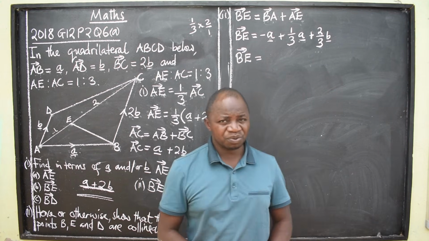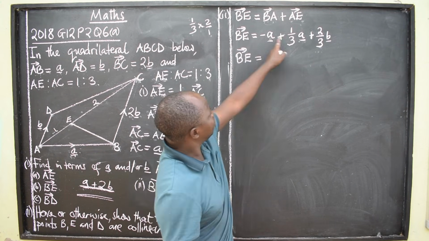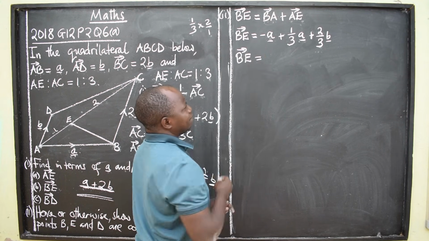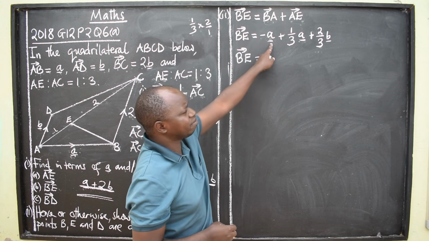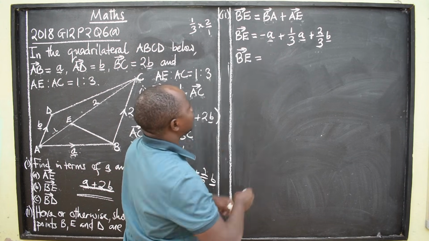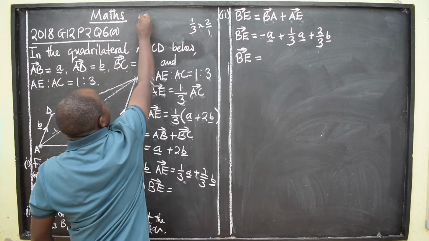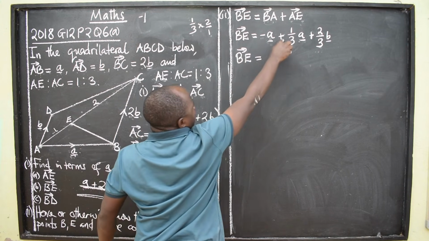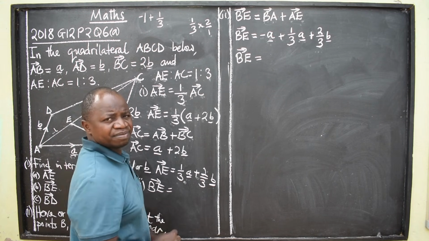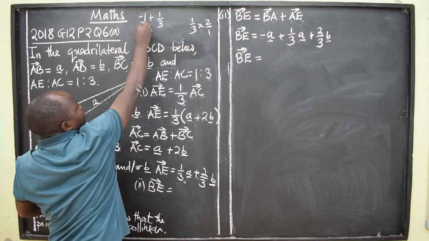No, it doesn't work like that. So these two must be simplified. What number is here? When we say negative A, vector A, what number is here? There's a 1. So in short, we have negative 1 here. Negative 1 plus 1 over 3, like this. Then find the answer to this.